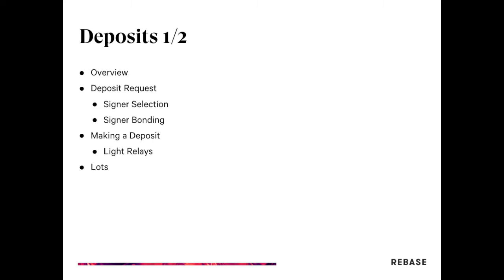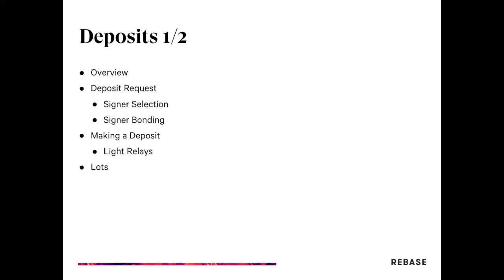If no deposit proof is received by tBTC after the deposit request within a given period, the signing group is disbanded. tBTC takes the deposit bond and then makes it available to, I'm not sure if it's all of the signers in the network or just the signing group that was involved in that deposit.